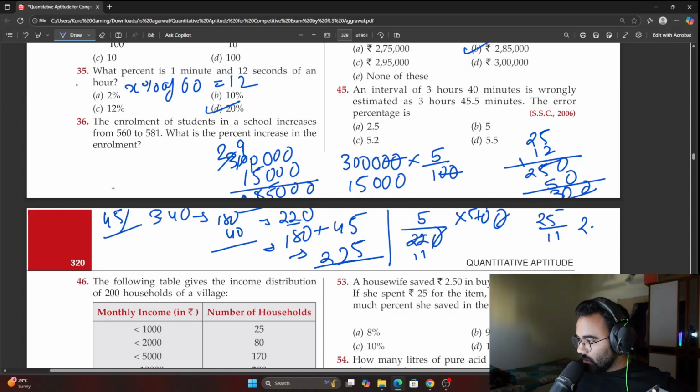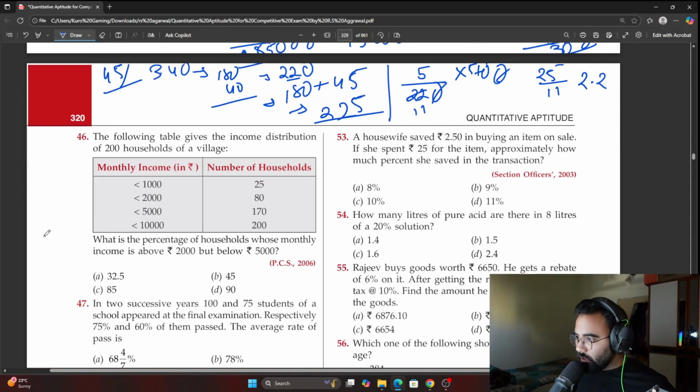So it should be 2.5. Okay, let's move on to the next one.